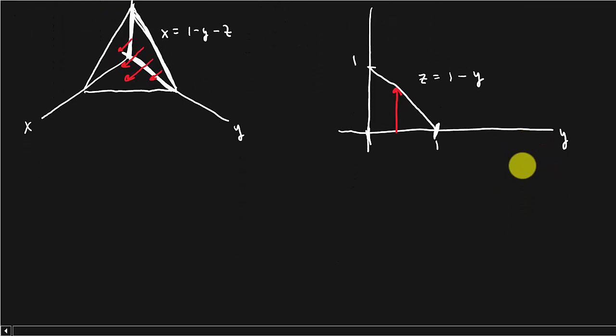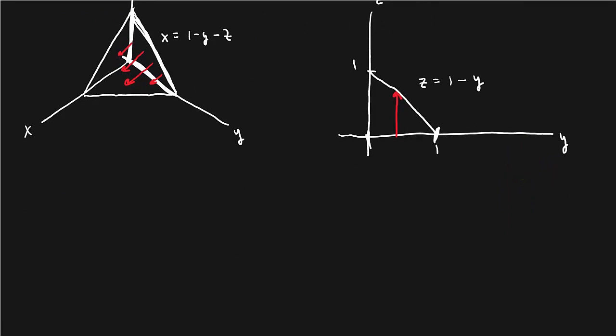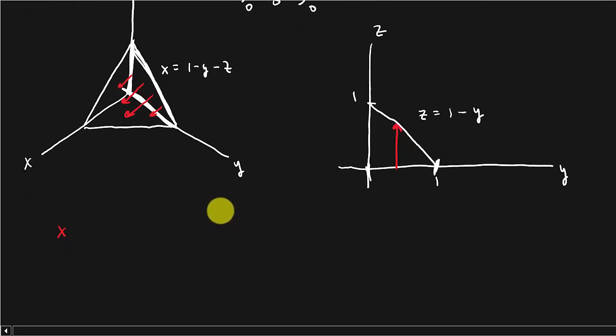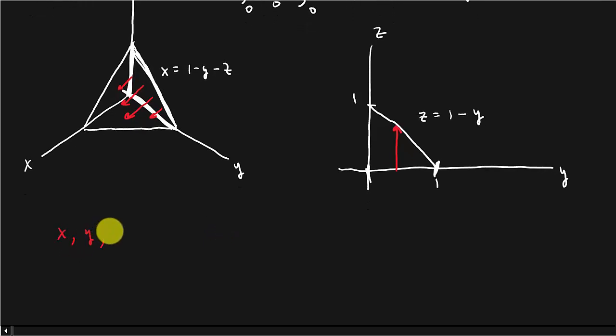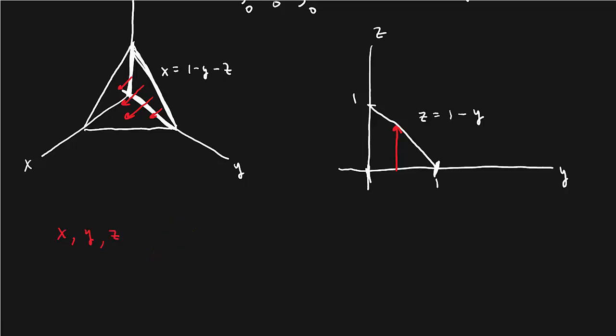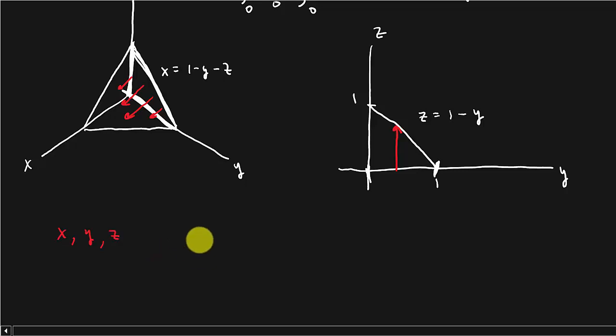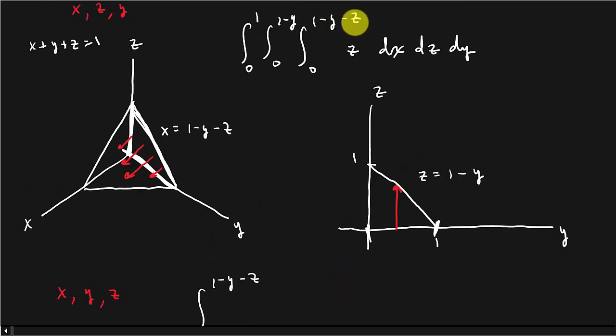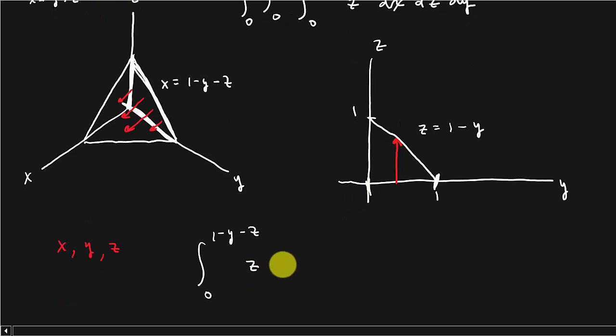And then let's go with respect to x, and then y, and then z. Okay, so let's set that up. All right, so we can just look at these pictures here. So we can see for the x, that's going to go from 0 to 1 minus y minus z, okay, just like this one up here. And that's going to be z dx. Then we're going with respect to y.